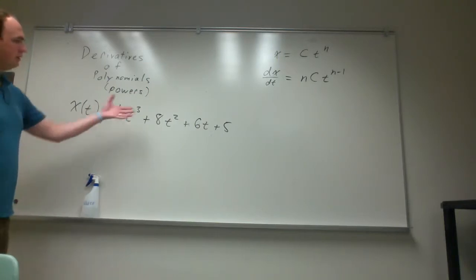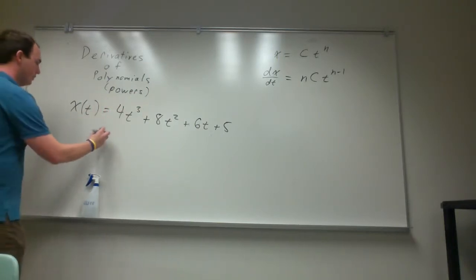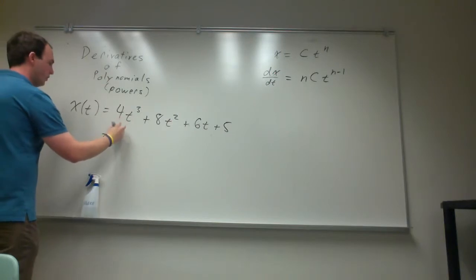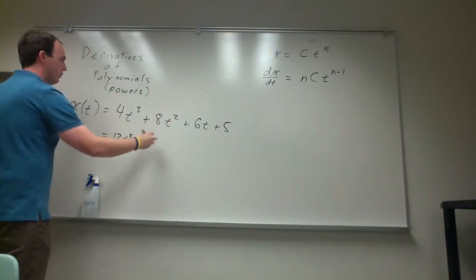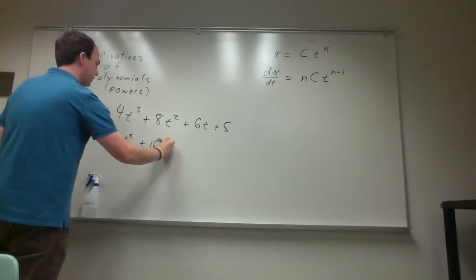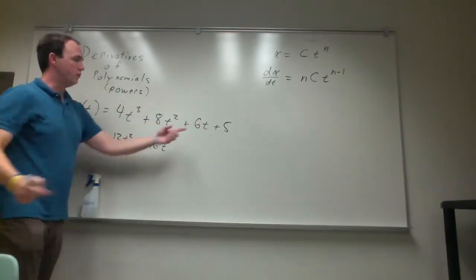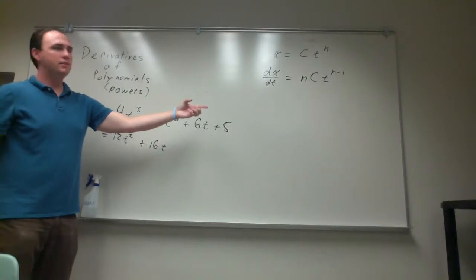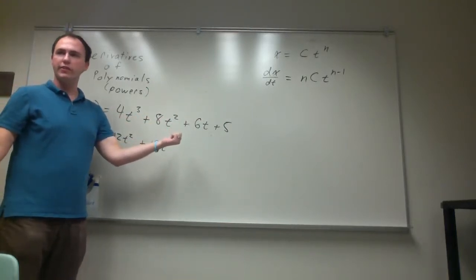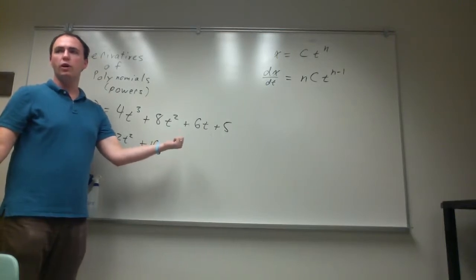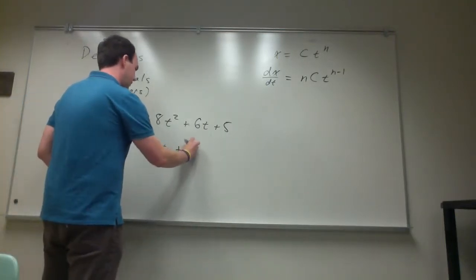So in this case, it's all just lined up for us, right? We've got constants in front, so bring a 3 down, I get 12 t squared. Bring a 2 down, I get 16 t here. So t to the 1, I bring down a 1, that does nothing. And then I go to t to the 0, which is 1. Right? So I kill that one off.